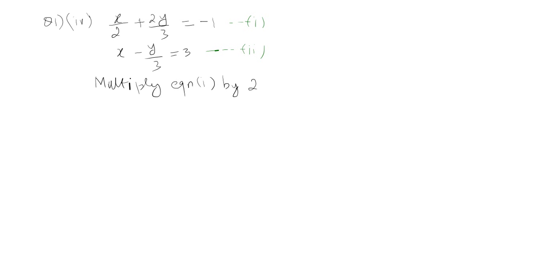So if I multiply equation 1 by 2, see what will happen. This will become x plus 4y upon 3 is equal to minus 2, and the equation 2 is as it is.